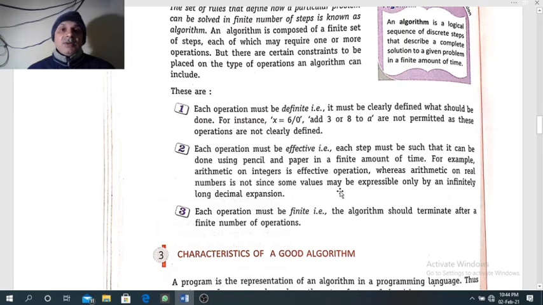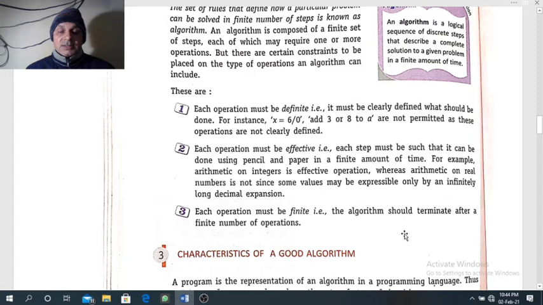Sometimes we get a value that is non-terminating. So an algorithm should not have this type of operation which does not have a clear value.